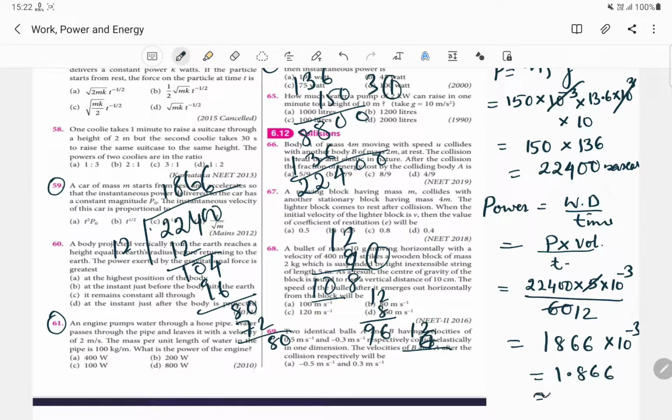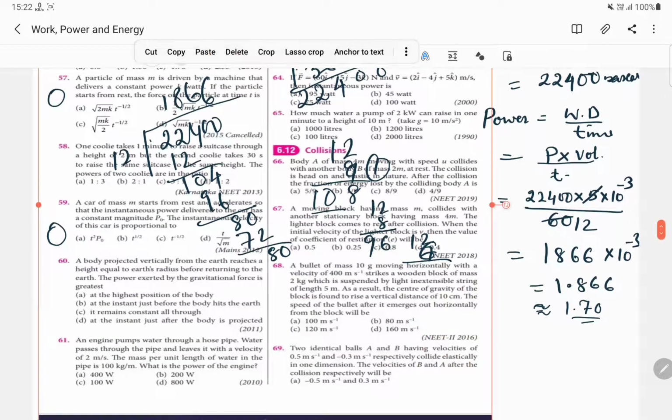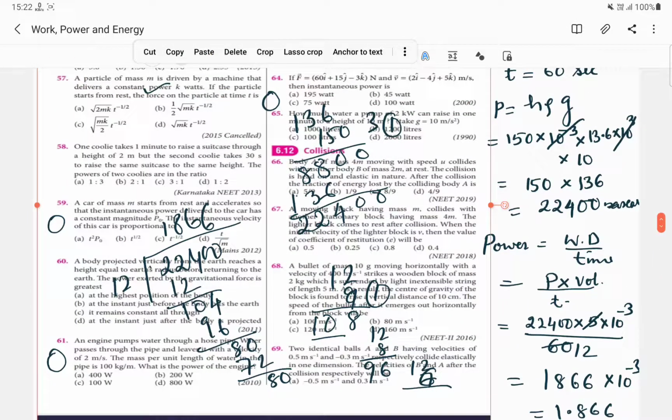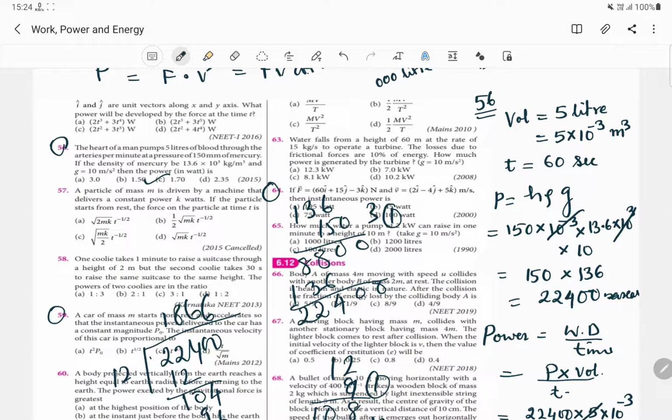Therefore it can be approximately taken to be 1.70. They are almost equal. Okay, our answer will be option number C. So the answer comes out to be option number C.